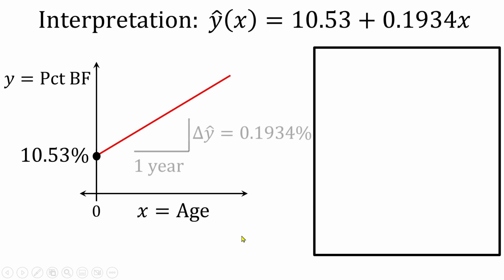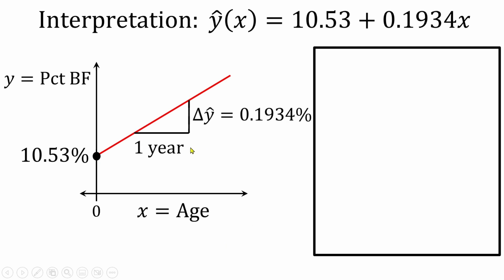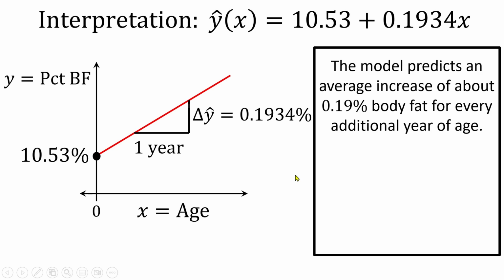The slope tells us that for every extra year of age, on average, we expect to see an increase in the percent body fat of 0.1934%, about 0.19%. Right, so the model predicts an average increase of about 0.19% body fat for every additional year of age.